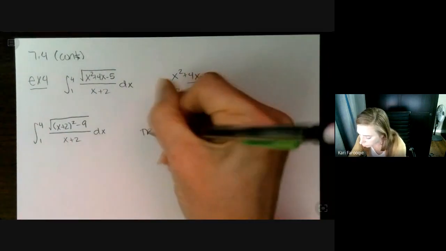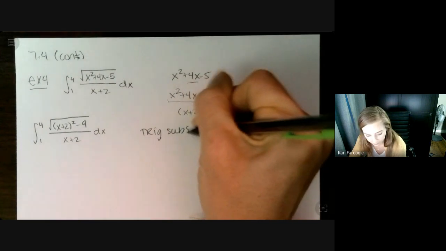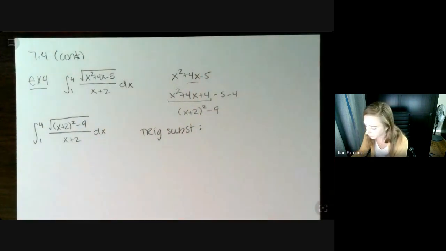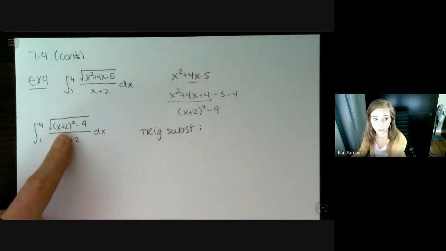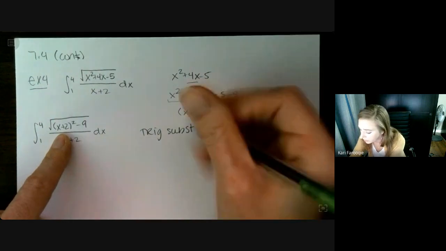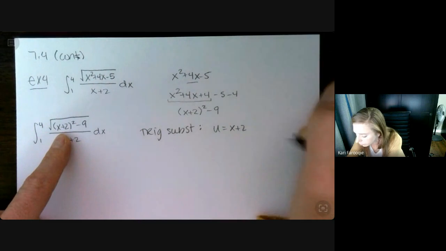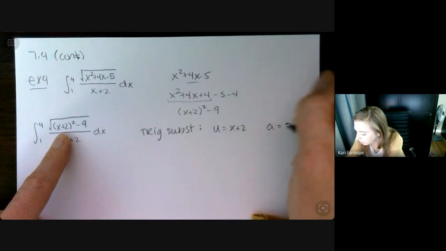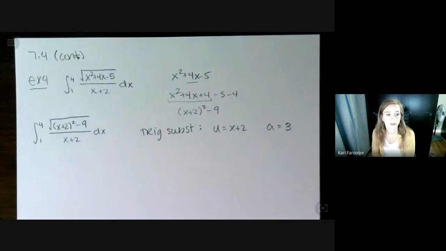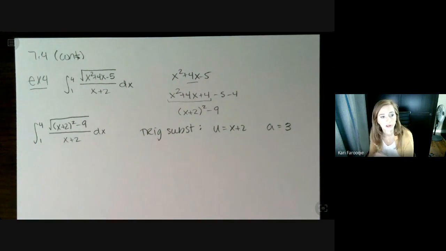So for your trig substitution, we are going to let u be this squared portion. We're going to say u equals x plus 2, that's the quantity being squared, and then a equals 3, that's the constant that's being squared to get a squared, which is 9. And then you need to recognize which form you're in.